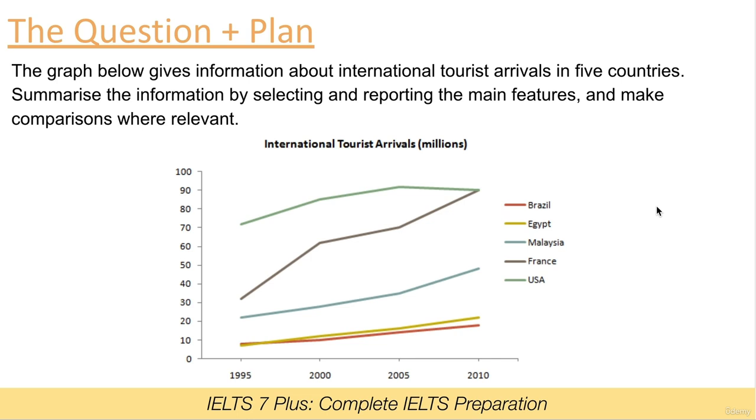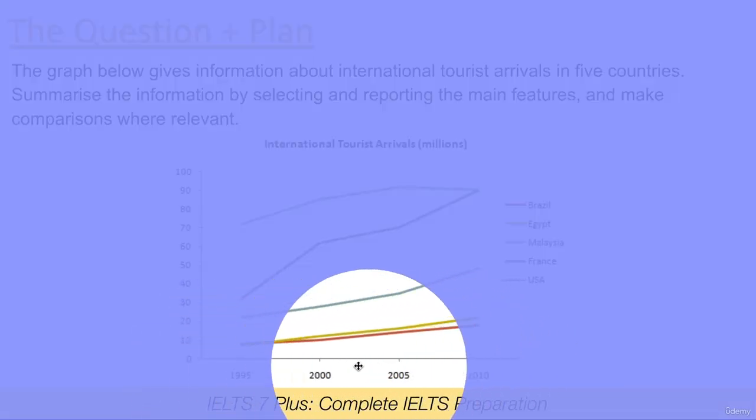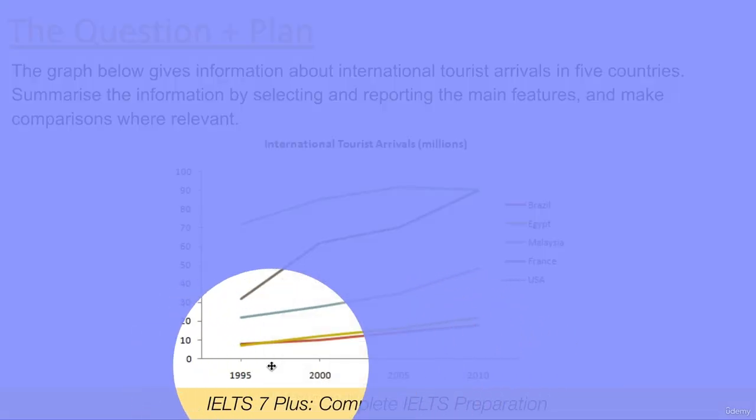Okay, so now we can look at the graph itself. On the x-axis down at the bottom here, you have the years.